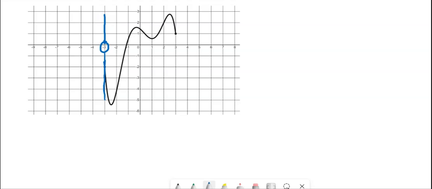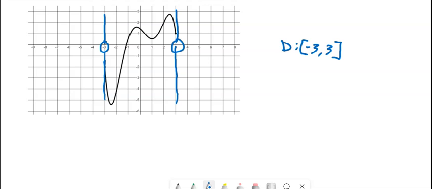Then we follow the graph all the way to the right, where it stops, which is right here. This is the right side of the graph, and this is 3. So the domain of this function is from -3 up to 3.